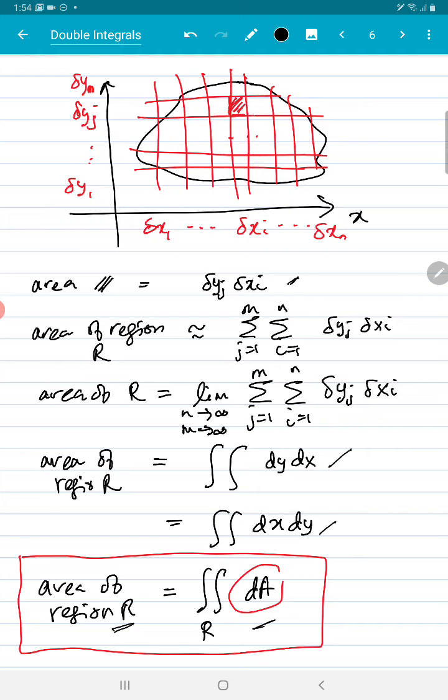So the technique is to partition your region into small rectangles, get the area of one rectangle, and then add them up. Okay, so we're going to do the same process as in Cartesian, but we're using polar, meaning we're using r and theta instead of x and y.